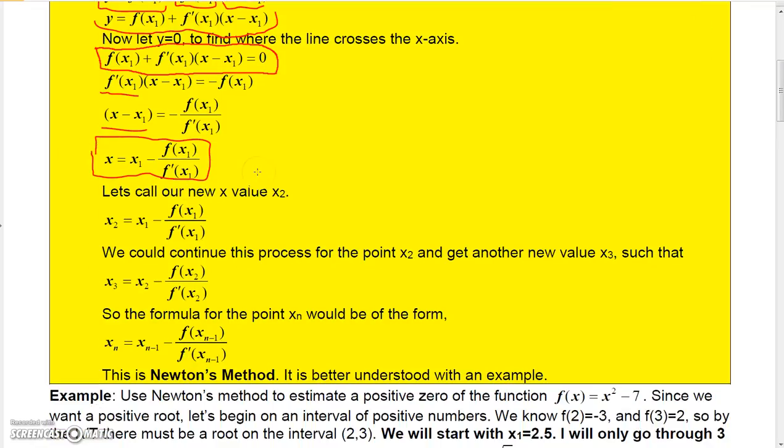We can call our new value x2. So basically we could say x2 is x1 minus f of x1 over f prime of x1.